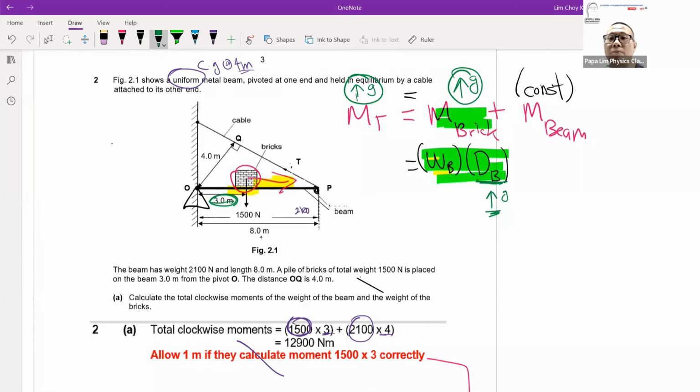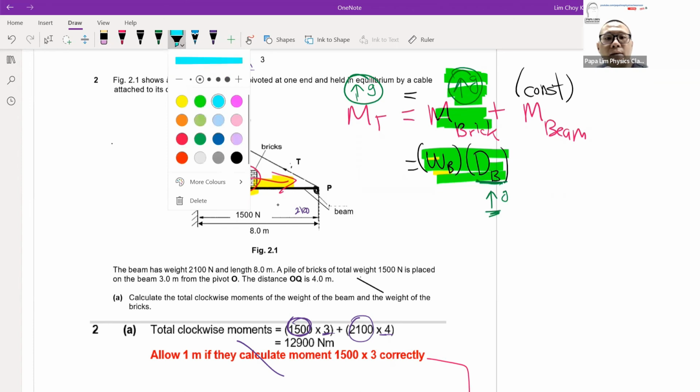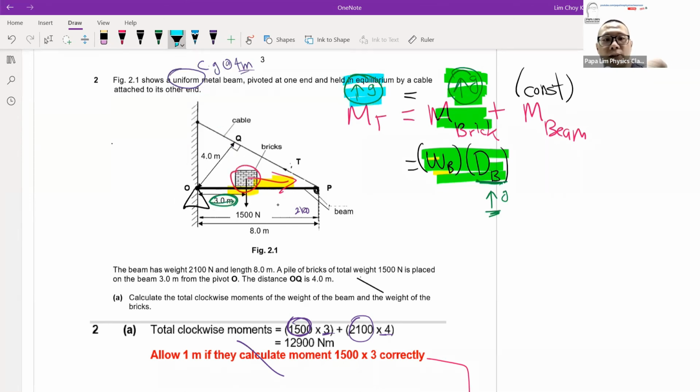I have to increase it because I have to balance the clockwise moment, which is increasing because the brick is changing position.